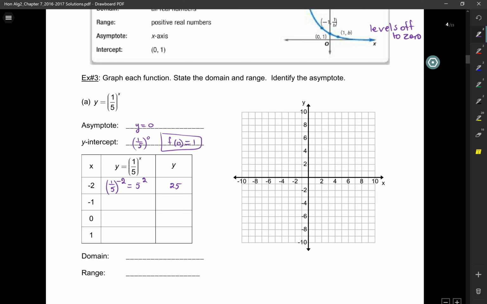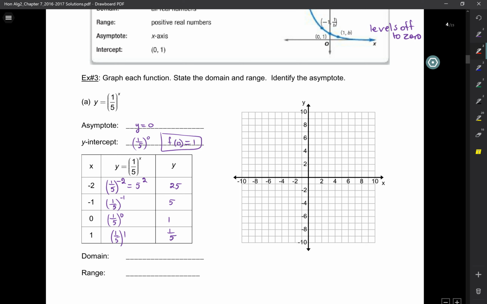And already that number is too big. 1/5 to the -1 is 5. 1/5 to the 0 is 1. And 1/5 to the 1 is 1/5.